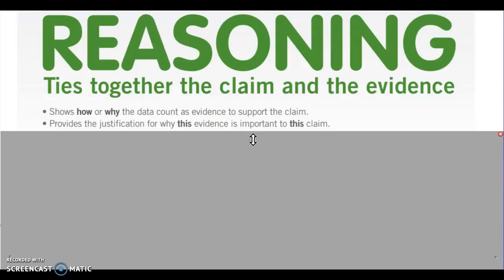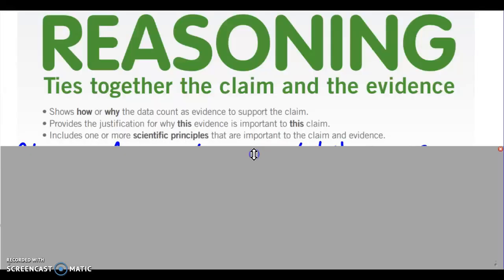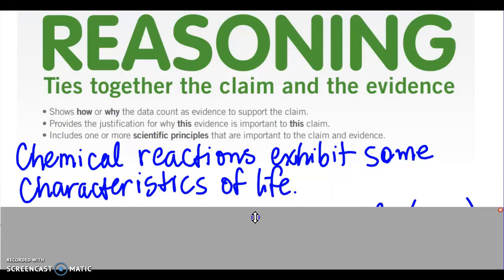Next up, it provides the justification for why this evidence is important to this claim. It includes one or more scientific principles that are important to the claim and the evidence. So this is where we bring in the things that we're learning in class to help tie them to the evidence itself.